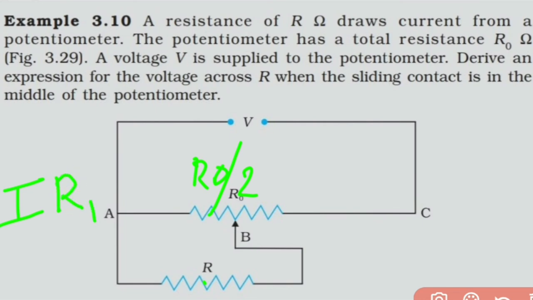So, if R1 is the effective resistance of R0 by 2 and R, then I R1 you have to find, where I is the current through potentiometer wire.